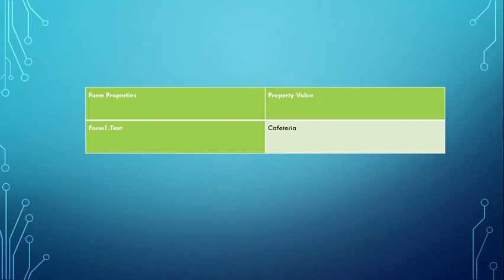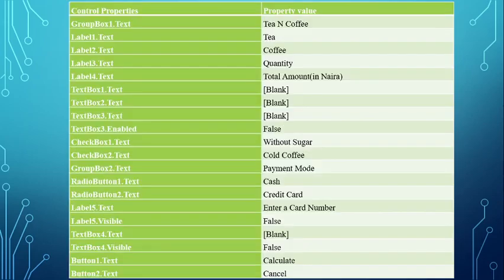Now, first and foremost, these are the properties, some of the objects that will be on that table. One is the form, which will change its title or text to cafeteria, and then other controls will be like the group box, the labels, text boxes, check boxes, radio buttons, and we will all change their properties to suit what is on the right side.